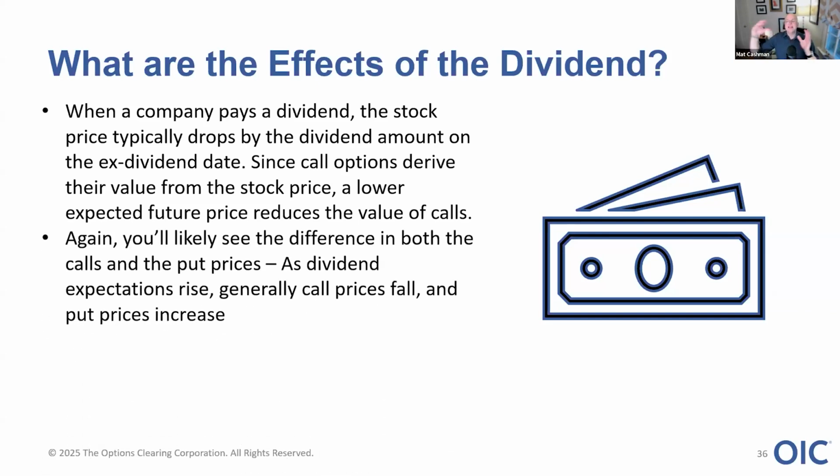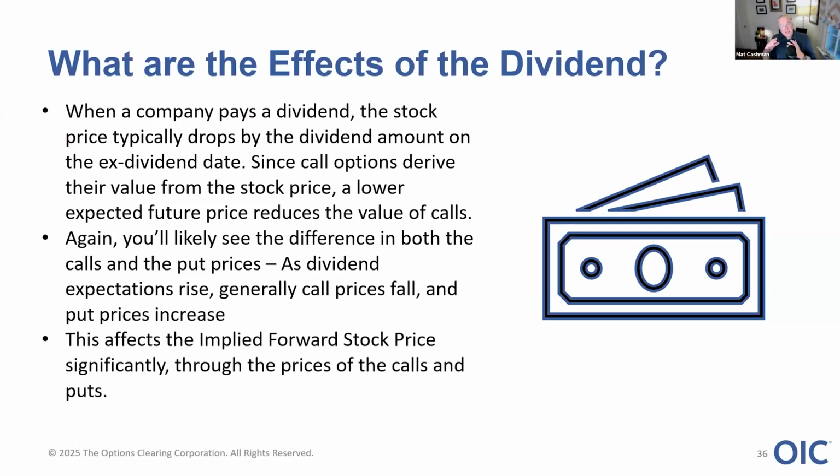Again, you'll likely see the difference in both the call and put prices as dividend expectations rise. If you make dividends bigger, generally call prices go down and put prices go up, because people are making the assumption that when dividends are paid on the ex-date, the stock usually drops by the amount of the dividend.